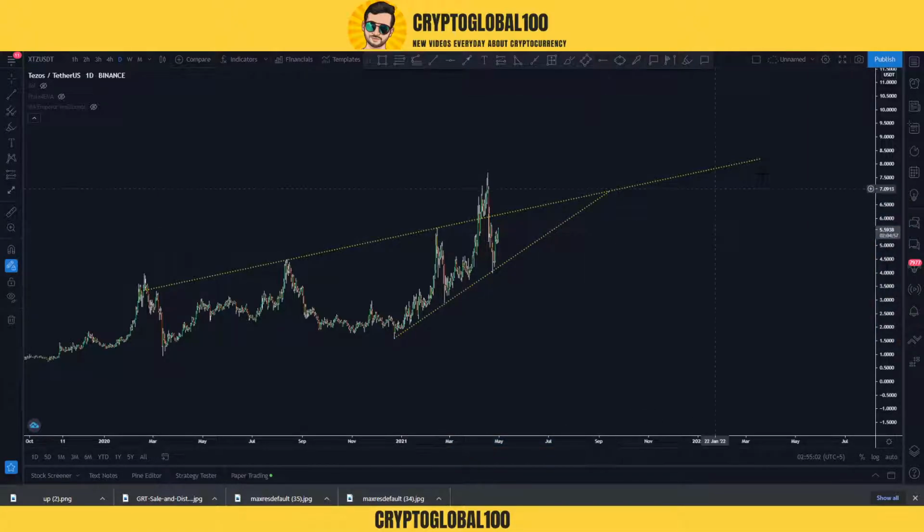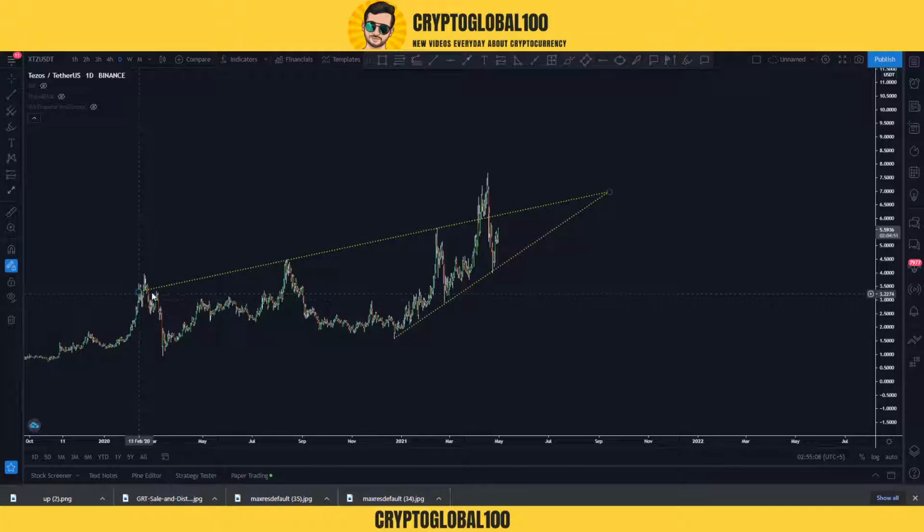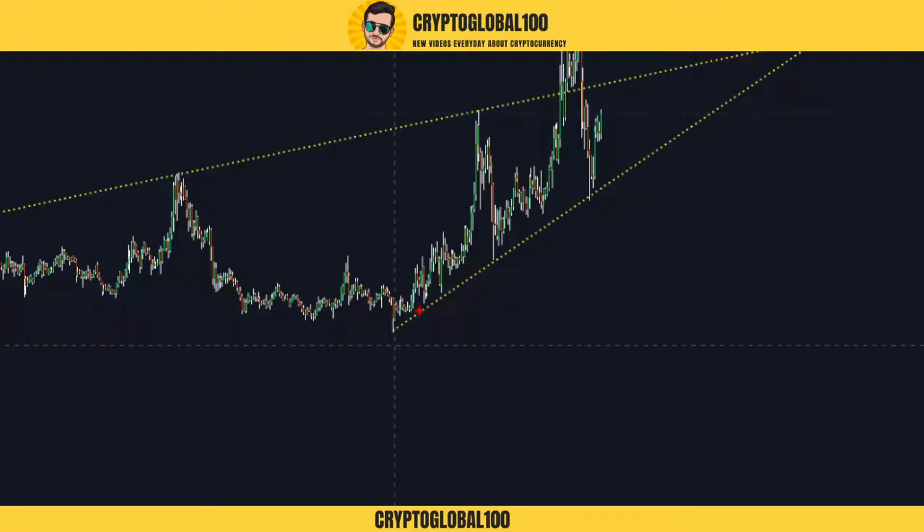So you see the price is in an uptrend, and the price is also making swing highs, higher lows, making higher lows. It means the price is in an uptrend.